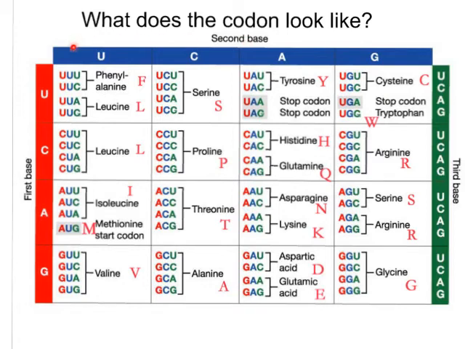Across the top are the bases we could choose from for the second base, and along this side for the third base. So let's say we have on the mRNA chain 3 bases, C and then a U and a U. That gives us the amino acid leucine right there.